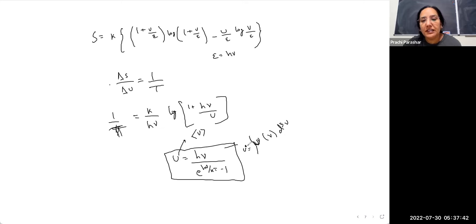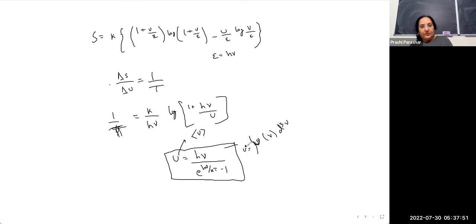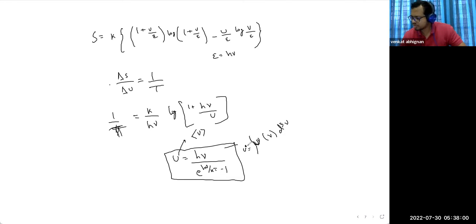Venkat, don't go through the integration process, just write the result for the curve. Yes, that is possible.